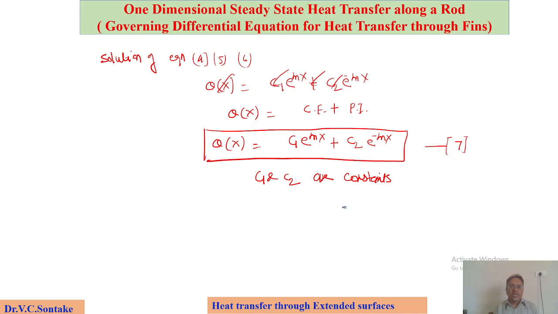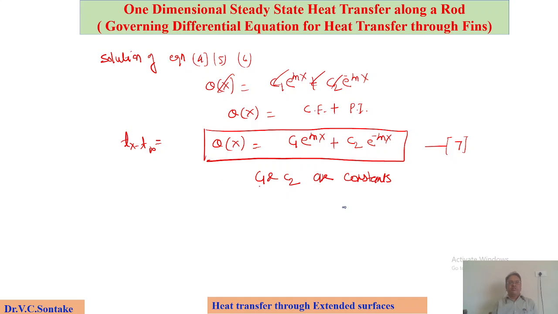And how can I get the values of those constants? For that, I will require boundary conditions. So here, as you can see, theta x is nothing but Tx minus T infinity. If you know the values of the constants C1 and C2, you just put in the value of x. x is the distance from the base surface along the length of the fin.